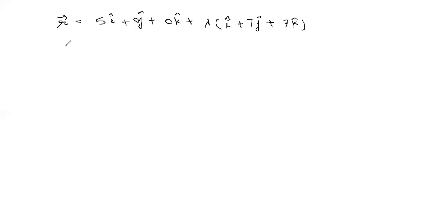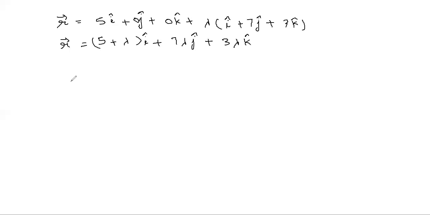So the required equation of such a line is vector r equals 5i plus 0j plus 0k plus lambda times vector b, which is i plus 7j plus 3k. So in vector form, this equation is equal to (5 plus lambda)i plus 7 lambda j plus 3 lambda k.